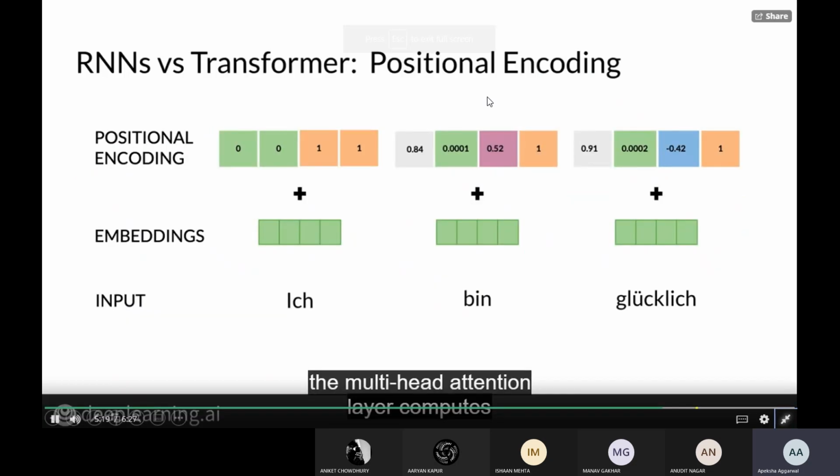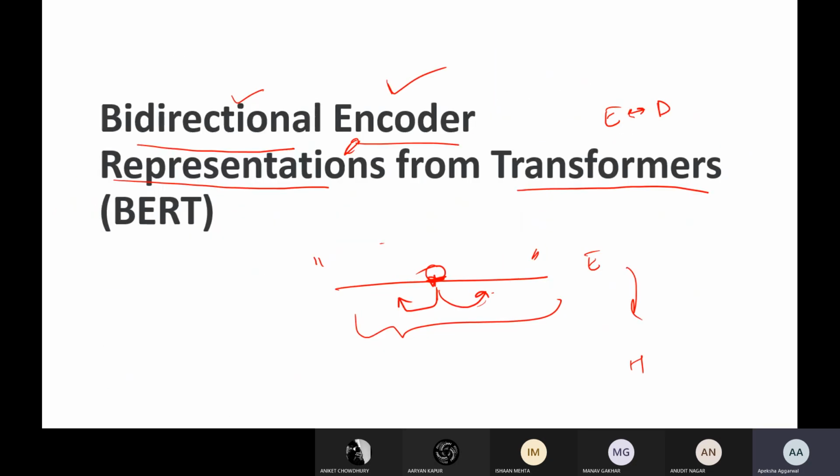Okay, but now next is positional encoding. So positional encoding is nothing, it's just, suppose in the same sentence itself, because in any language the position of a word is very, very important. So if this is cats eat rat, I cannot write that rat eats cat. Okay, so these two positions are different.